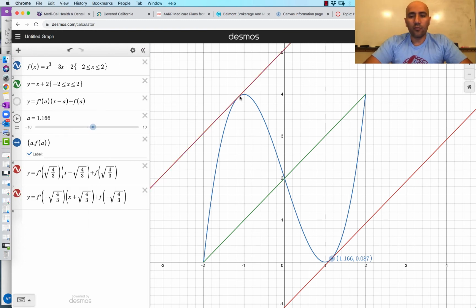Okay, so we found the 2 points there and there. Now, I'm not sure why it's being rounded a little bit different. Oh, that's this thing.